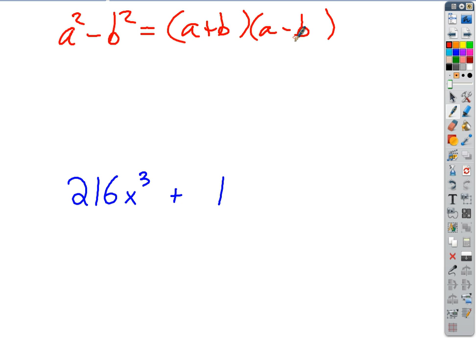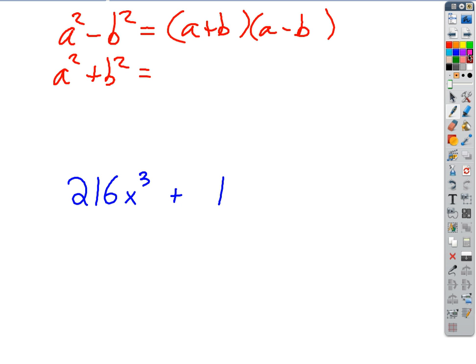Very good. Okay. What about a sum of squares? A squared plus b squared. Wrong. If you said anything like A plus B or anything like that, I know you're wrong.